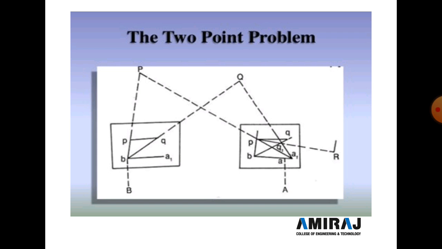Then from point B bisect the point P and draw the line BP, and from B bisect the point Q and draw the line BQ.